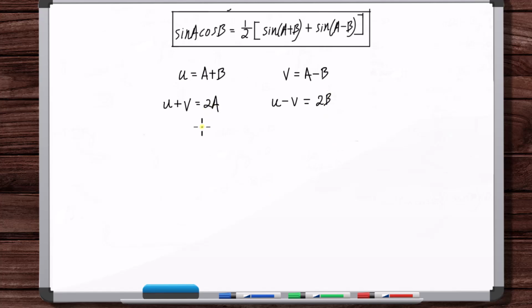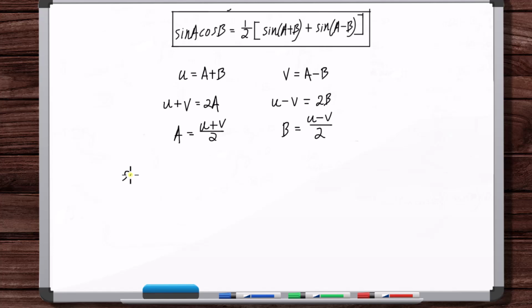Okay, so therefore we can solve for A here and get that A is equal to U plus V divided by 2. And we can solve for B here and get that B is equal to U minus V divided by 2.